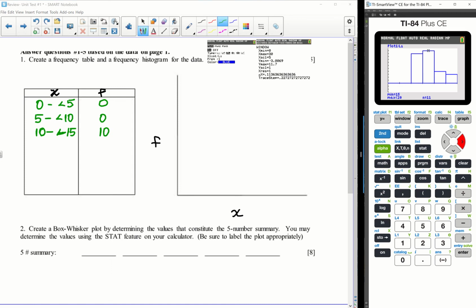Right arrow, 15 to less than 20, 11 values. 20 to less than 25, and then 25 to less than 30.